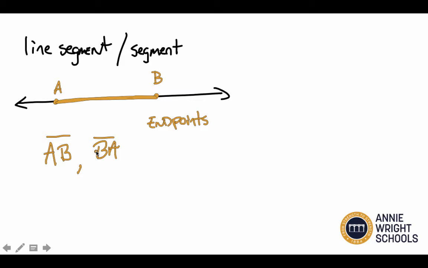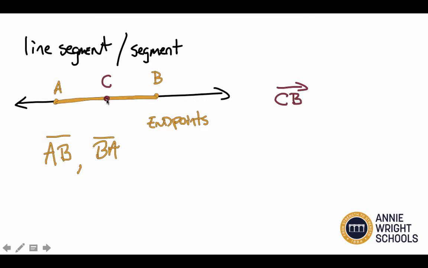Another definition you're going to want to know is the definition of a ray. I'm going to introduce a different point, call it C. A ray starts at one point but continues forever in the direction of a second. So we could have ray CB.